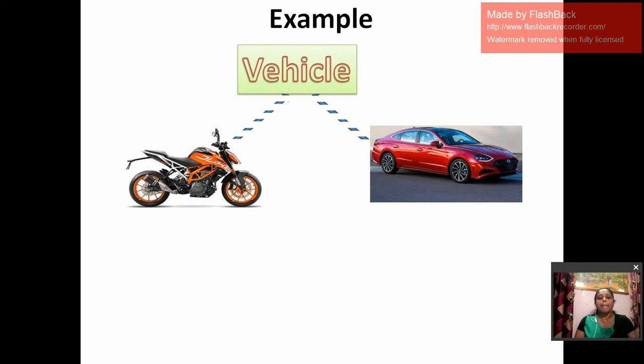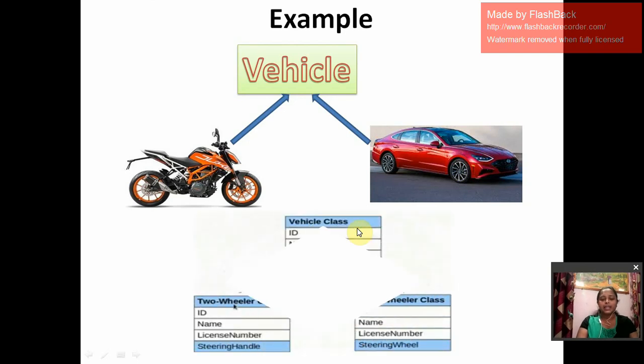Bike has all the properties of Vehicle along with some new properties, and Car also has some or all properties of Vehicle along with its own properties. So here Vehicle is the old class and parent class, and Bike and Car are the child classes. You can see Vehicle is the parent class and Bike is the child class. Car is also a child class.